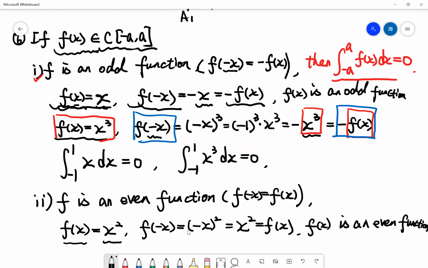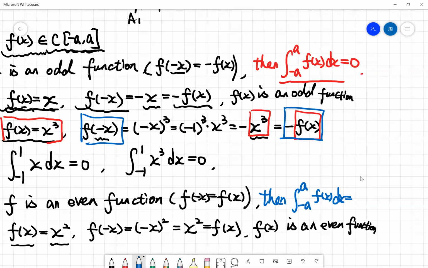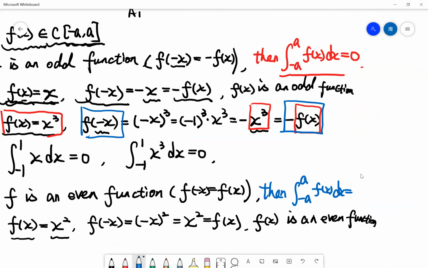So if f is an even function and the interval is symmetrical, we know the result here, number 2: then the integral from minus a to a of f of x dx equals 2 times the integral from 0 to a.